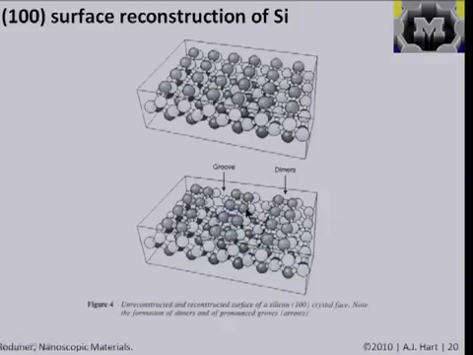If you have a 1,0,0 surface exposed, and 1,0,0 is just a representation for a particular direction in the crystal, so if you read again about crystal orientations and Miller indices, you'll quickly know what this notation means. Just as an example, if I take a crystal of silicon and I crack it in this direction, the atoms on the surface will reorganize from this configuration to the other configuration.